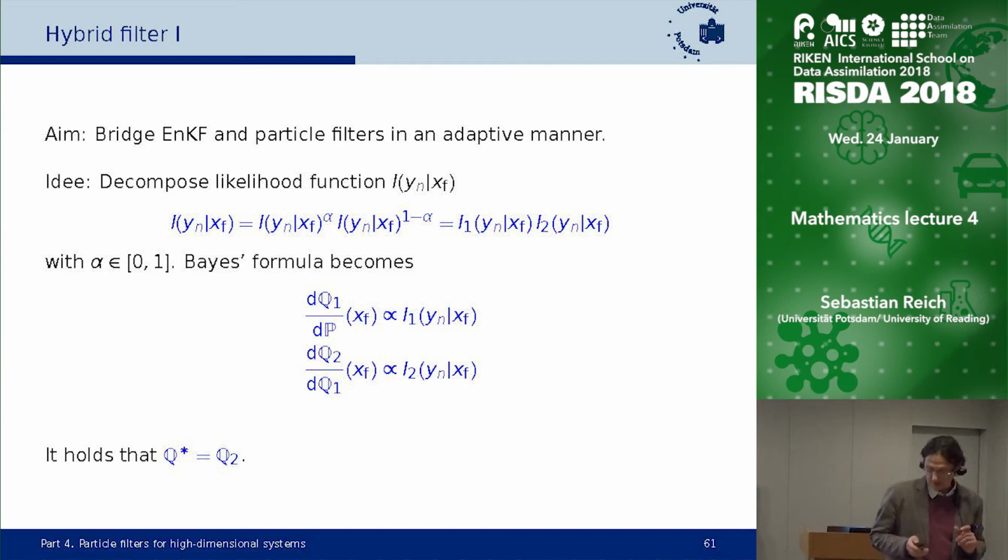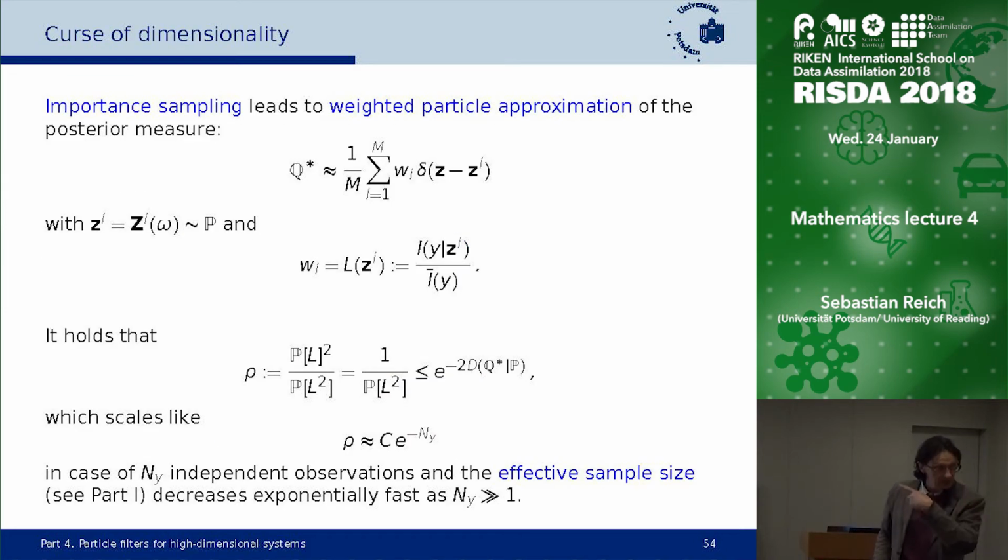Now, one idea that's quite natural, and that's what we've been using in practice, is to basically use the weights. These are the weights that come with the Dirac deltas, but you get similar weights for the Gaussian mixture components. And if the weights get too non-uniform, then you're not going to use it.